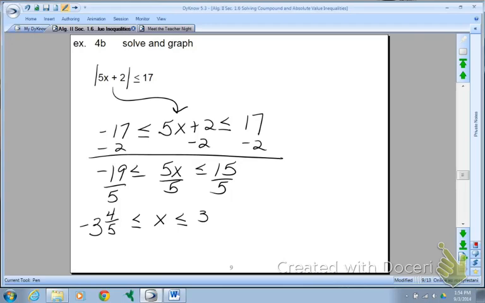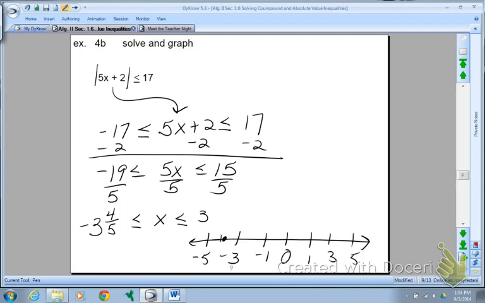I do too, but guys, this is Algebra 2. We're going to get fractions. Okay, negative 3 4/5 is, here's 4, so negative 3 4/5 is really close to it, and positive 3 and everything in between. Interval notation, negative 3 4/5, comma 3. There'll be a bracket.